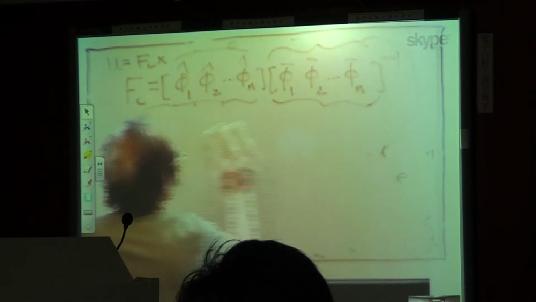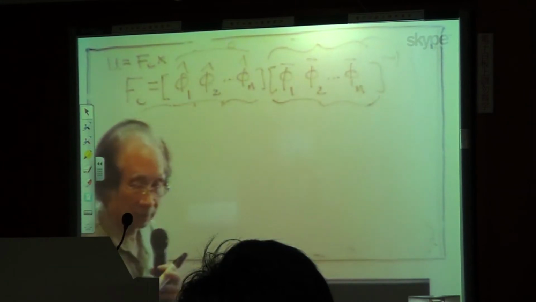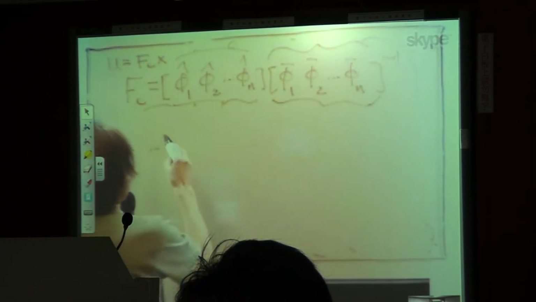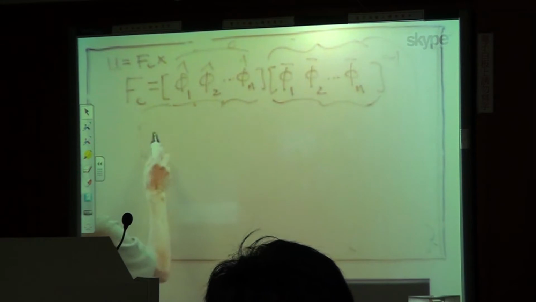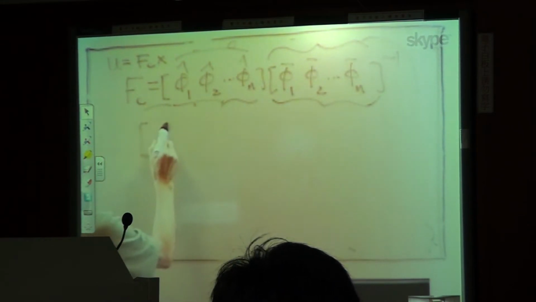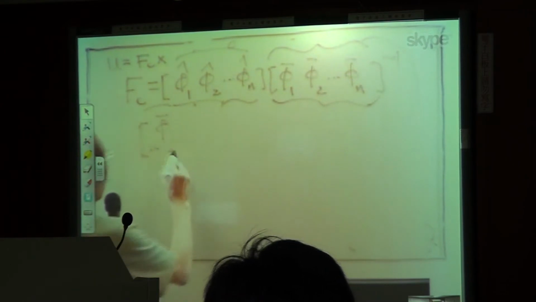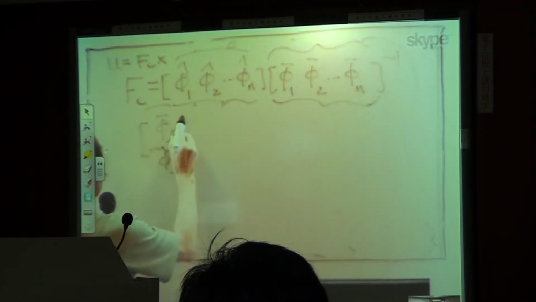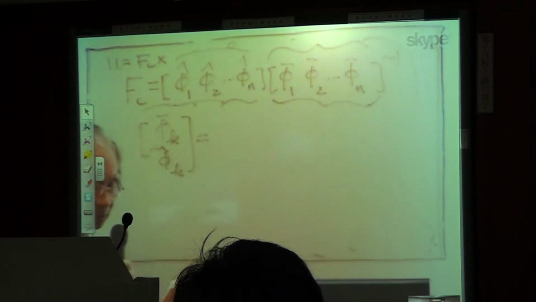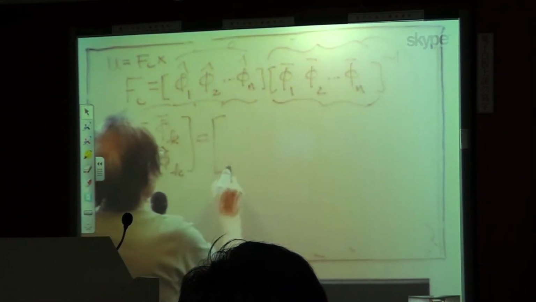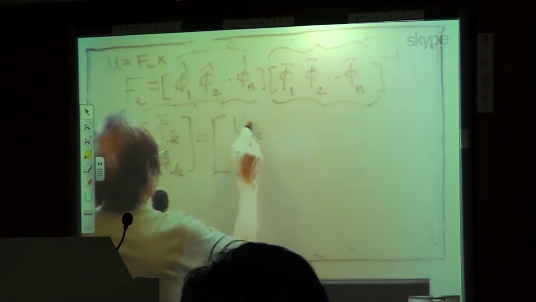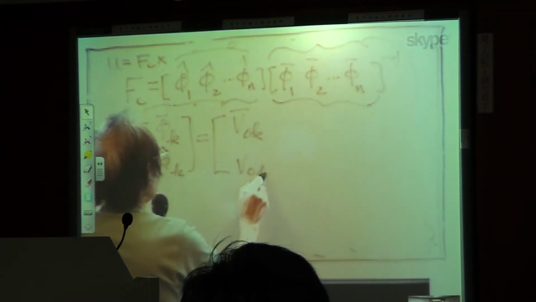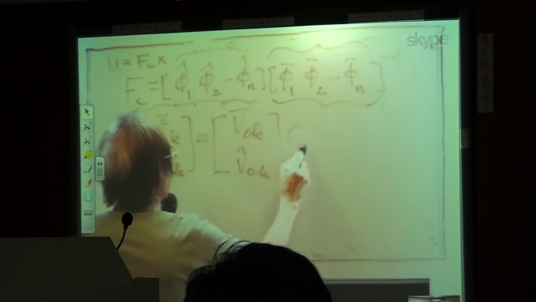Alright. From here we arrive at this. We know this theory clearly, then you will be able to use this technique for any kind of design you have. Bar V0k hat minus ck.